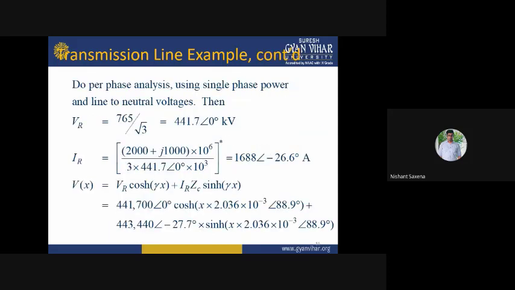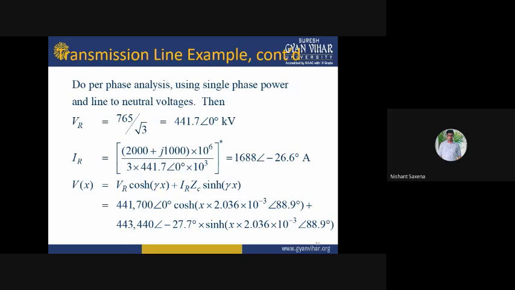Now we know that if we calculate the VR and IR for this particular case, then how to do this? We will be using the single phase power, then the line to neutral voltages. It is very easy to do the calculation in that case if we consider the single phase power and a balanced system. Therefore, your VR will be equal to 765 by root 3, which is equal to 441.7 angle 0 degree kV.